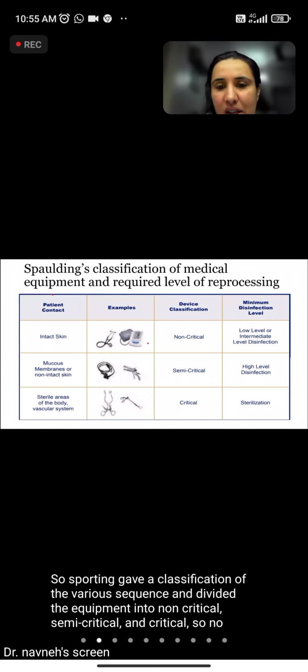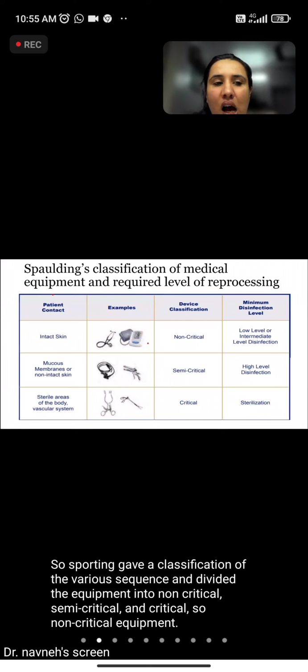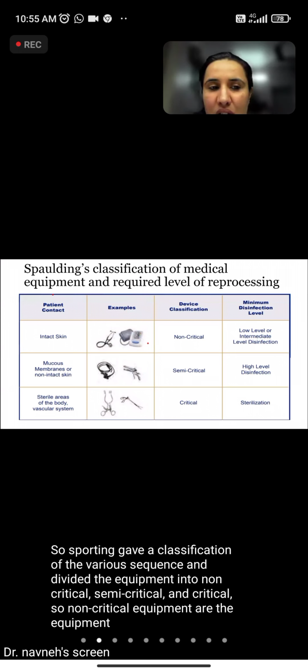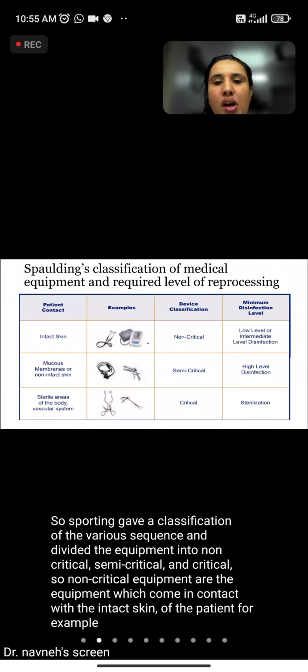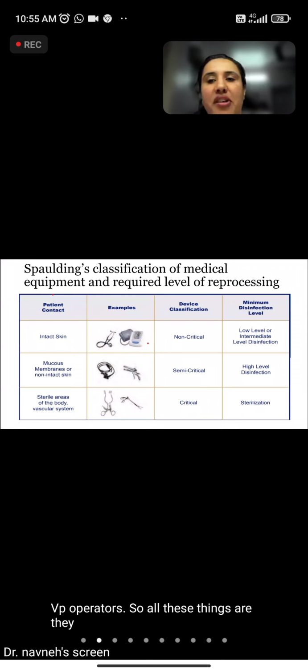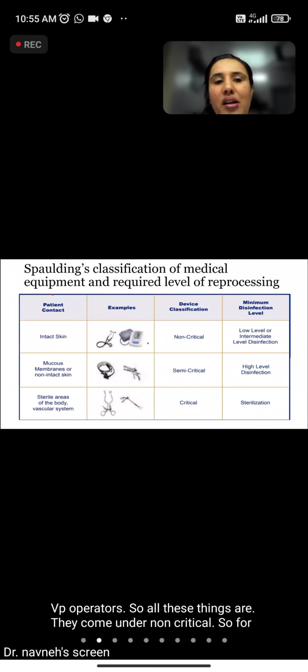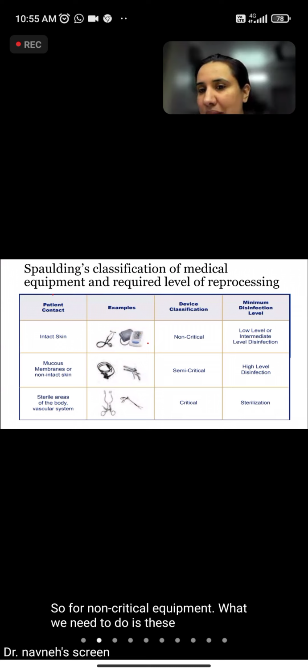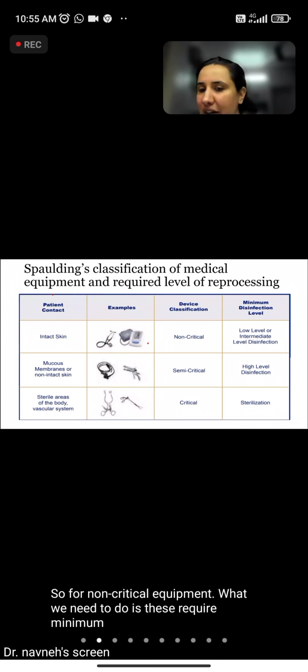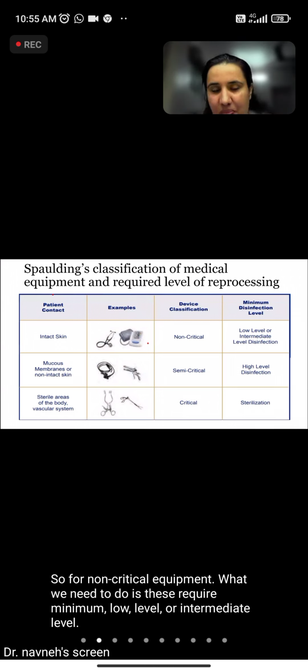Non-critical equipments are those which come in contact with the intact skin of the patient, for example, stethoscope, BP apparatus. These require minimum low level or intermediate level disinfection.